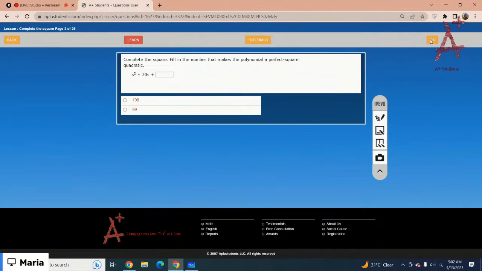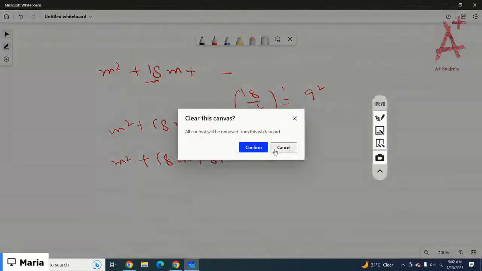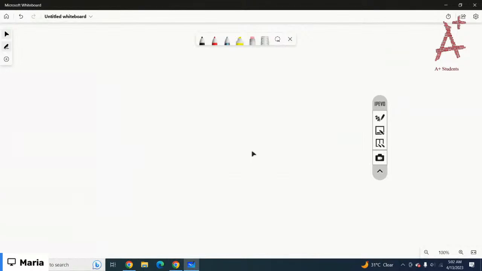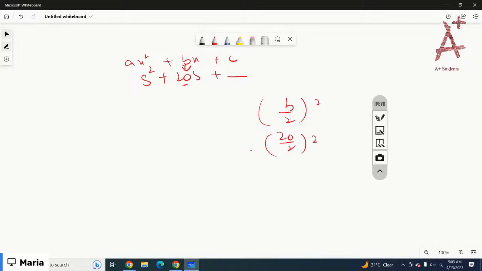Okay, the next one is s square plus 20s and plus the missing number. So when you have to complete the square, you have to add (b over 2) whole square. Got it? That would be b. According to the quadratic equation, it would be ax square plus bx plus c. So if you equate both the equations, b is 20, so it would be 20 over 2. So 20 over 2 is 10, 10 square. That means you have to add 10 square in the equation when completing.